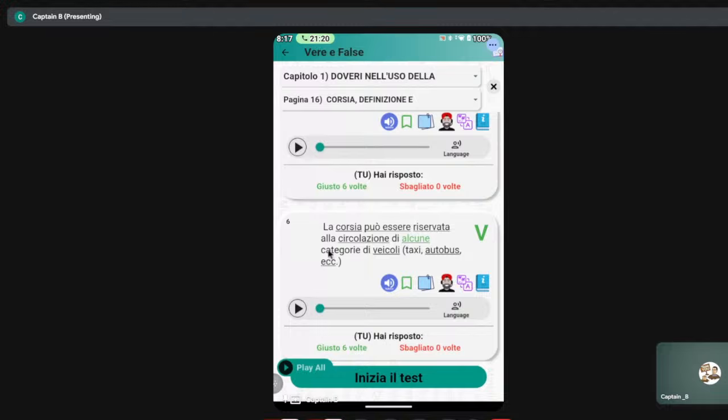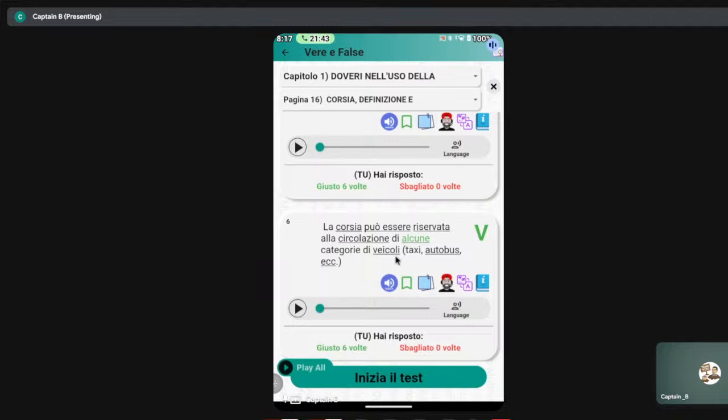Now, la corsia può essere, a lane can be reserved alla circolazione, for the circulation of some, the word alcuni also means some category of vehicle. Okay, lane can be reserved for some category of vehicle. Remember, in this country that we are now, corsia autobus.